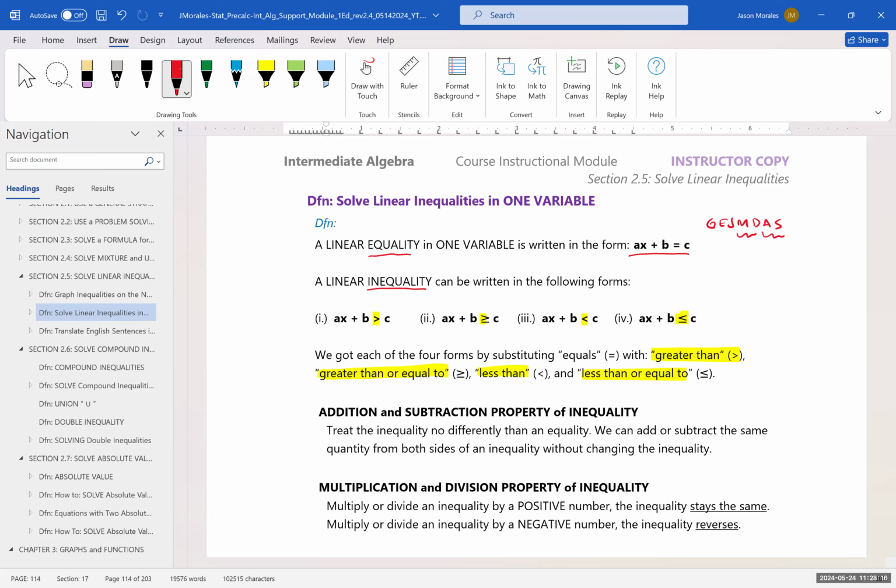There are certain rules for these with inequalities. When it comes to addition and subtraction, treat the inequality no differently than an equality. We can add or subtract the same quantity from both sides of an inequality without changing the inequality. So that's good news.